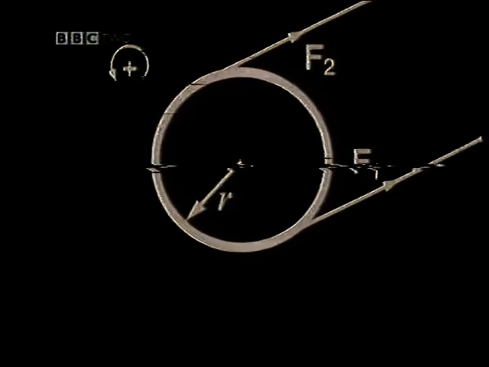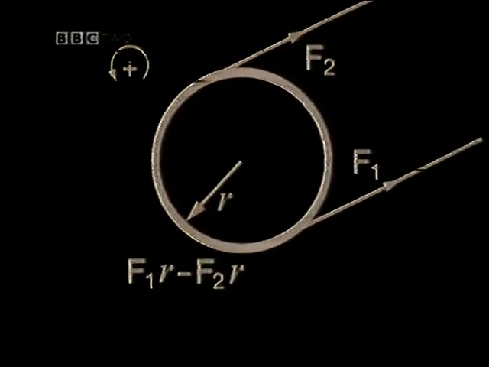Suppose F1 is the tension on one rope and F2 on the other, and the drum is of radius r. Well, taking moments about the centre of the drum, with anti-clockwise being our positive sense, then the moment of F1 about the centre is F1r, and of F2 about the centre is minus F2r.